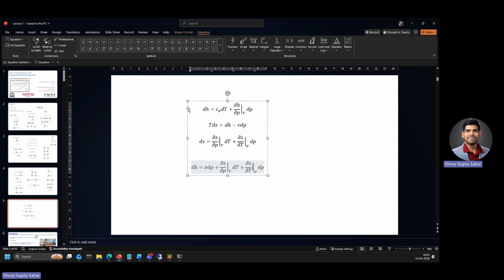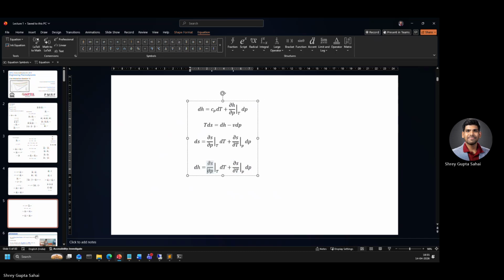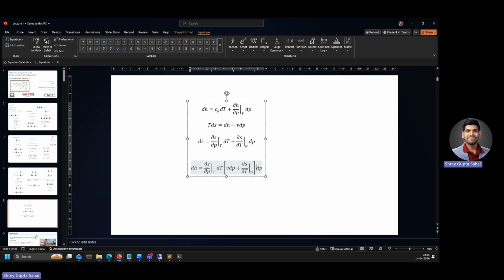Okay, now you take this one. Again, now comparing, you have to compare it with this relation. If you compare, you find out that del H by del P at constant T has to be equal to this. Then you substitute this relationship.